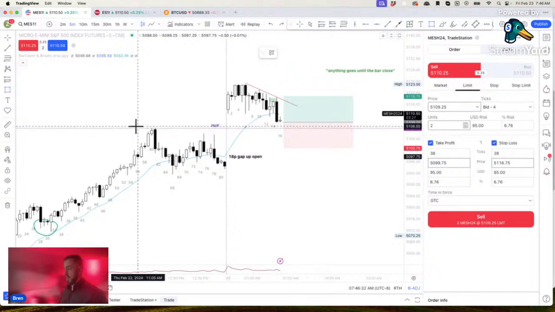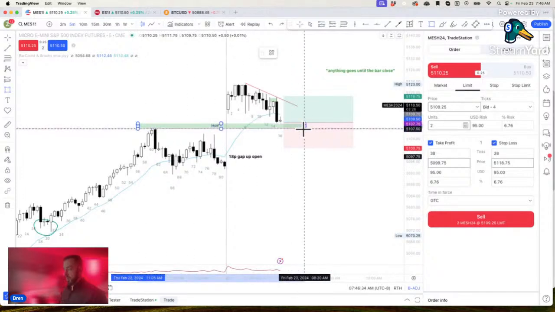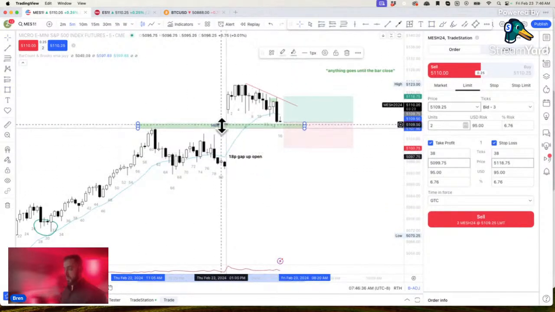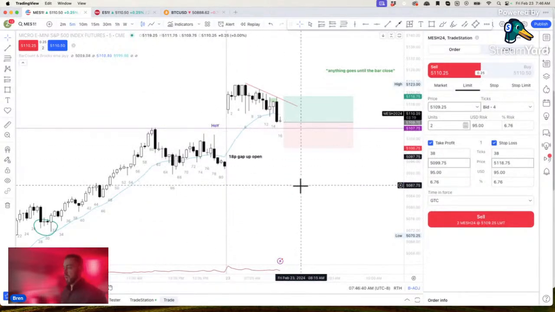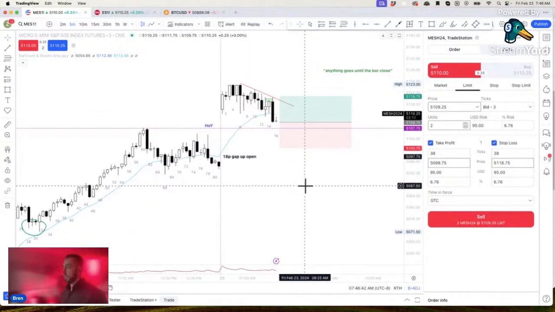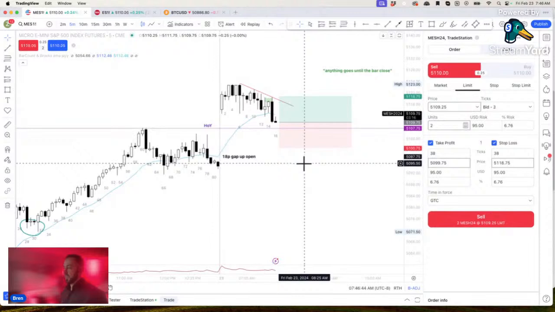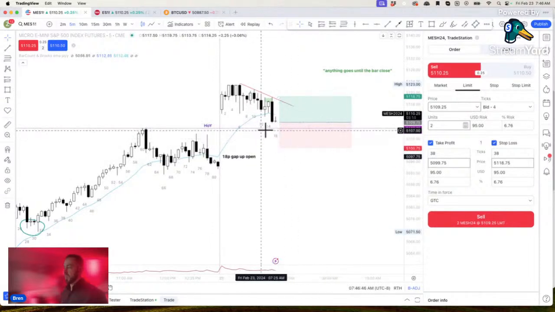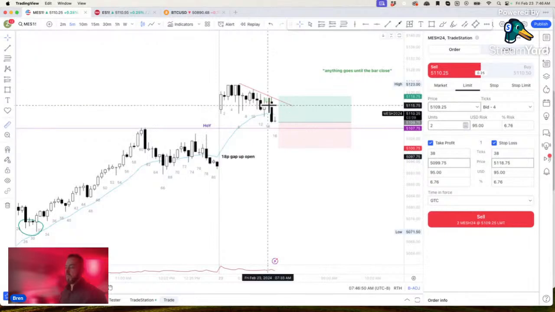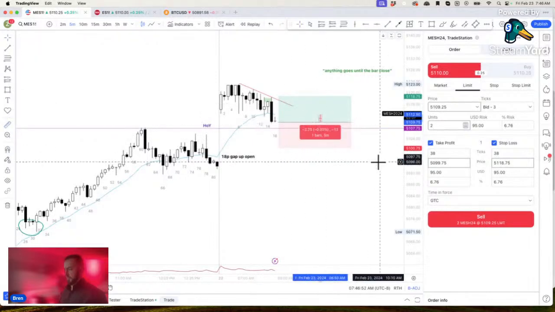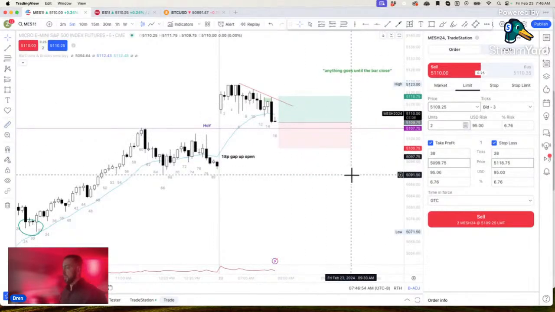So what's going to happen now? Let's see. We've got a support zone here. I'm sure you've probably heard that once you crack resistance, it turns into support. So there are possibly buyers down here, especially because we're a couple points below the moving average.